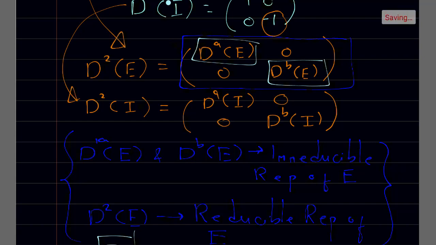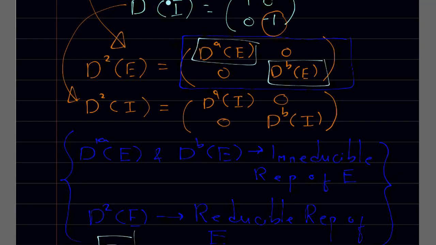But if you look at dA of E and its one-dimensional representation, can you reduce it any further? You cannot. And that's why the 1D representation of E is an irreducible representation. You cannot reduce it any further.